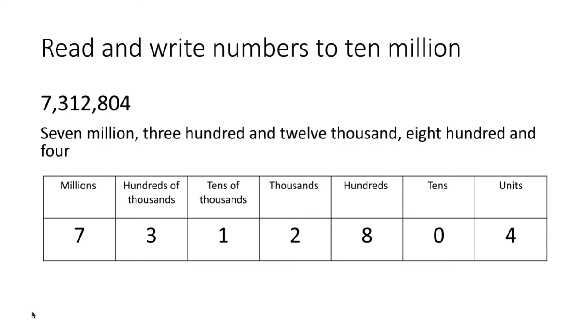Our place value grid there would be 7,312,804. Don't forget that the 0 in the tens is representing that there aren't any tens there, but if we didn't put a 0 to show that, our number wouldn't look right. We wouldn't be able to read it properly.